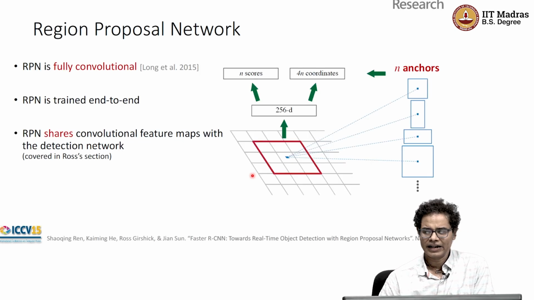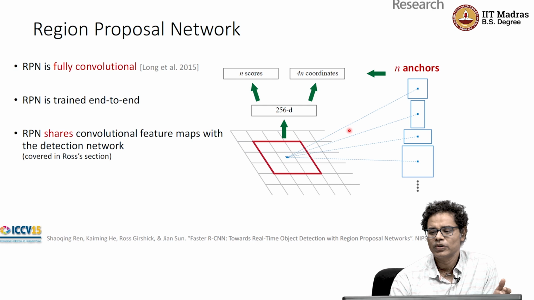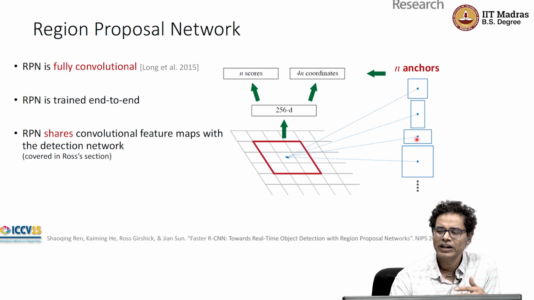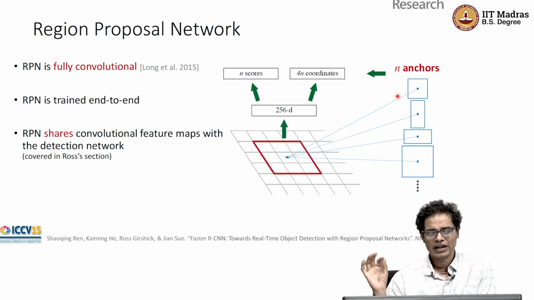And there are actually various anchor boxes also, so you need not always have a square window. You could have rectangular windows of various aspect ratios. So instead of having one window, you could have multiple windows which you slide through. For example, if you have n such anchor boxes, then you will get n scores, each one saying whether there is an object there or not, and 4n coordinates, because for each anchor box you need to tell the finer localization, x, y, and height, width.